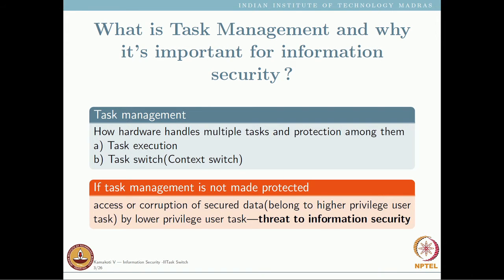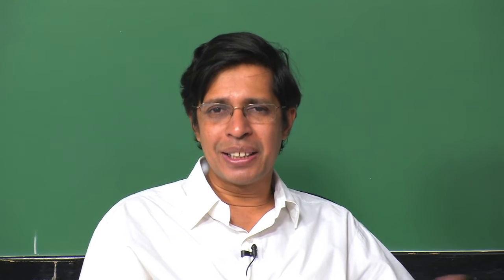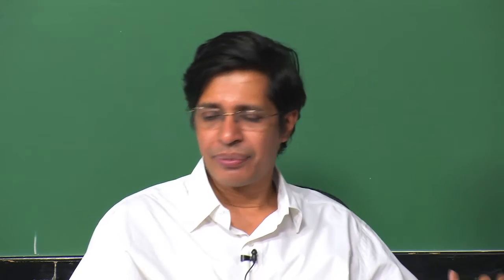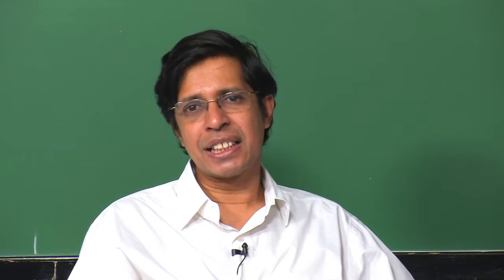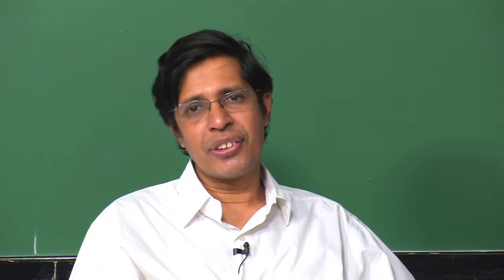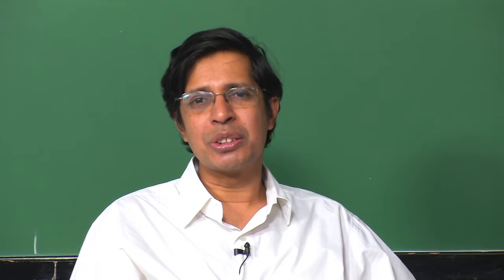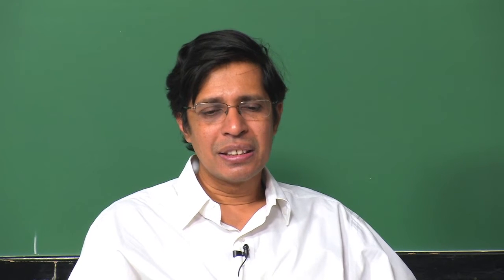That is the basic threat, probably the largest threat, to information security. So task management forms the hard crux of information security. Now what we will see as a part of this session is how x86 architecture handles both task execution and task switch.